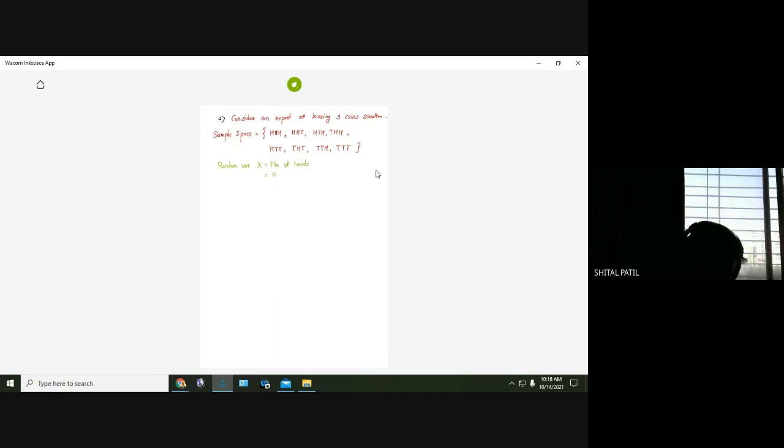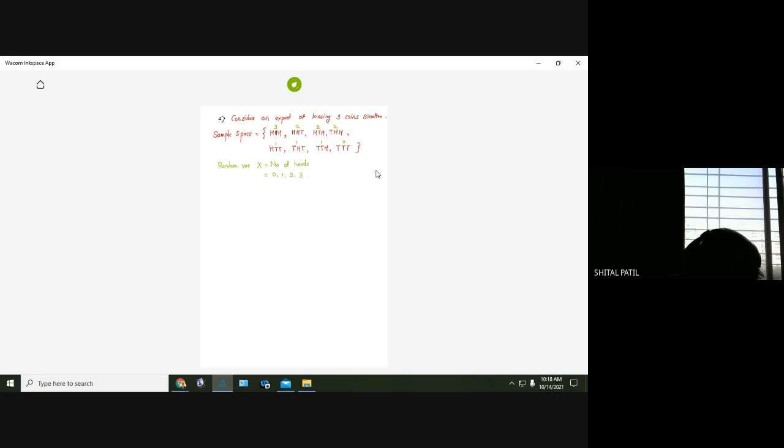It may be 0, 1, 2, or 3. Let me write it here. How many heads do we have here? 3 heads, 2, 2, 2, 1, 1, 1, and 0 heads.